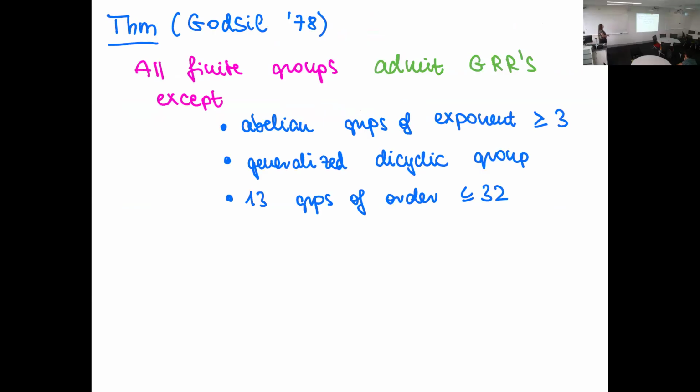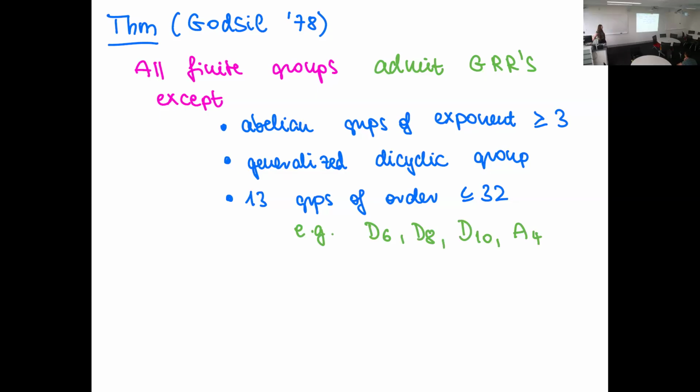So Godsil proved in 1978 that all finite groups admit GRRs, except this list of exceptions, but everything else actually does. And then some things in the 13 groups of order 32 are, for example, some dihedral groups and A4.